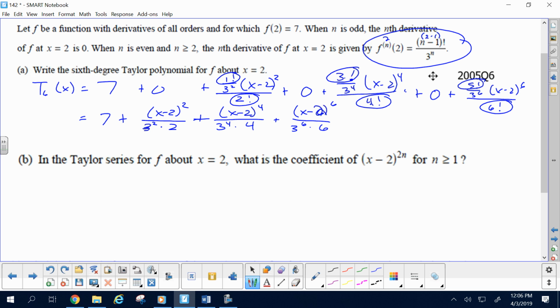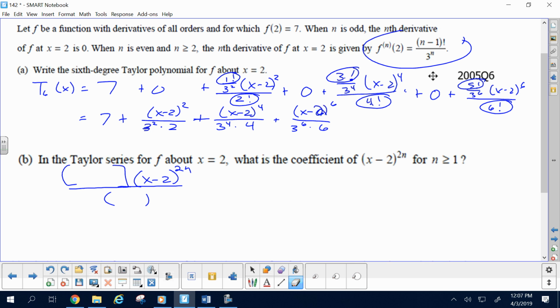So it took me a second to ponder this, but wouldn't the coefficient of (x − 2)^(2n) consist of a derivative and a factorial? Isn't that what the coefficients come from, those two components? So let's go here. We have a rule for finding the derivatives, but be careful with that 2n.